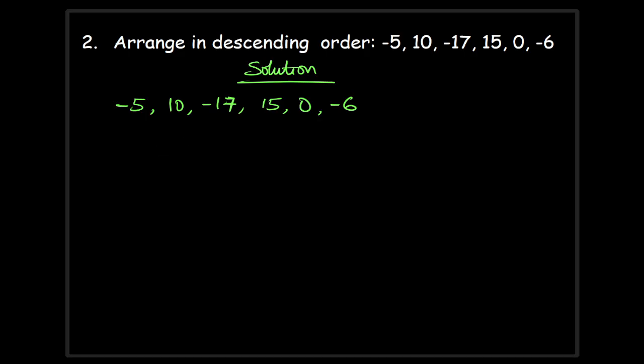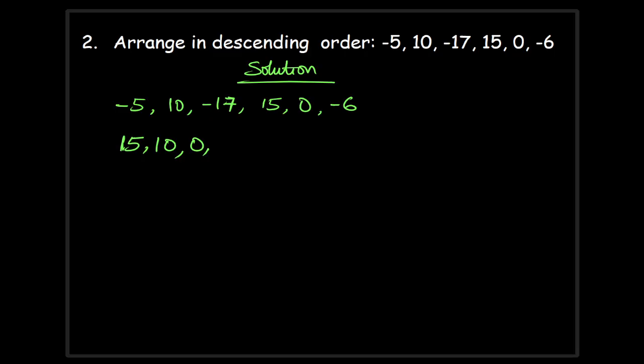Now in descending, remember the positive numbers are always bigger than the negative numbers. So we take the positives first, but the positives must be arranged from the biggest. 15 is the biggest. And then what else? We have 10. And then we have 0 before we now move to the negative part.